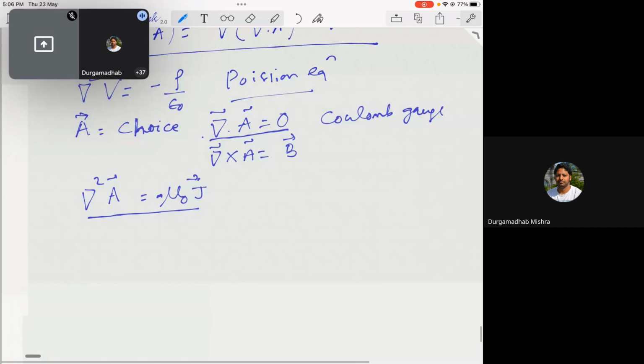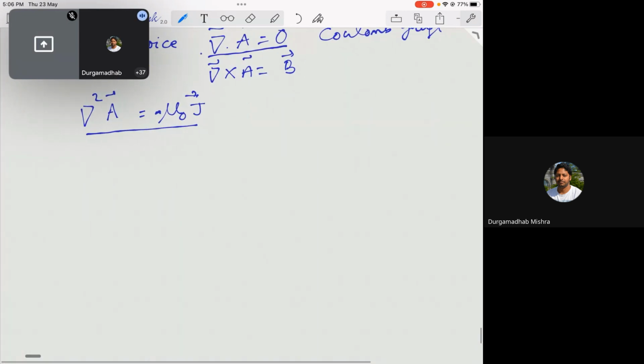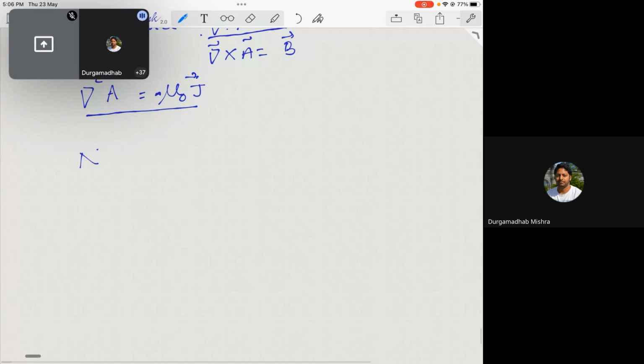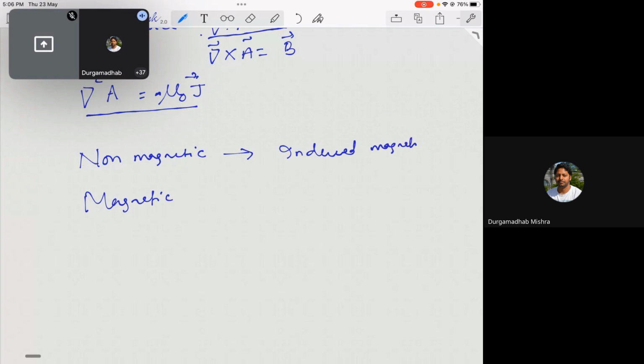So we say we have two kinds of materials. One is non-magnetic, and there is a magnetic material. Non-magnetic material is not attracted by the magnet. So can we have an induced magnetic dipole here, and what will be the form or nature of that?